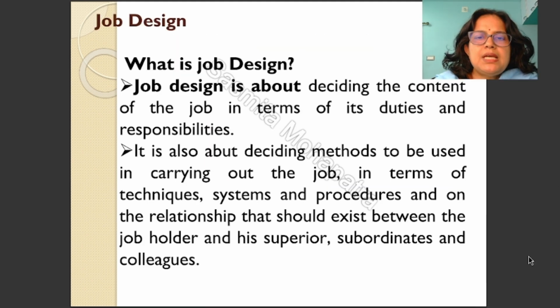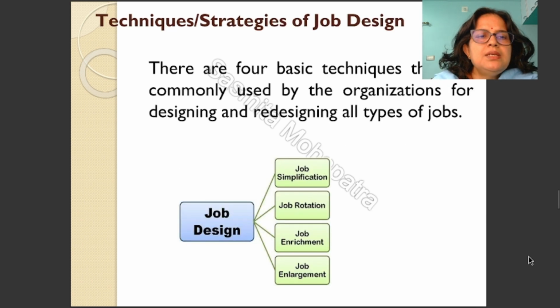Job design is about deciding a particular job according to its duties and responsibilities, that is, the method of performing that job. The techniques and procedures used to perform that job are known as job design. Four basic techniques are used: job simplification, job rotation, job enrichment, and job enlargement.